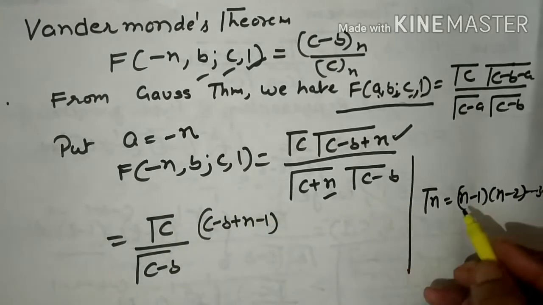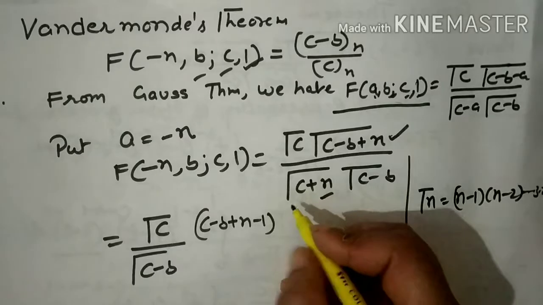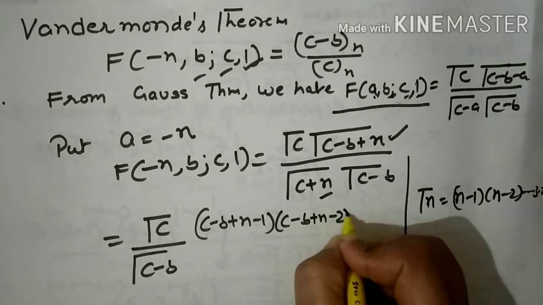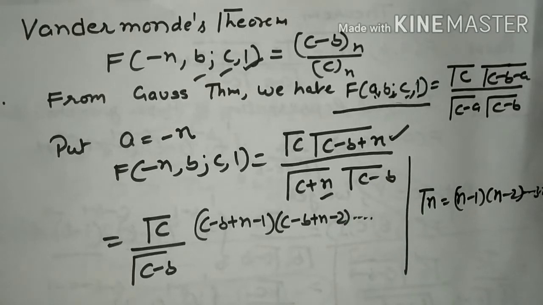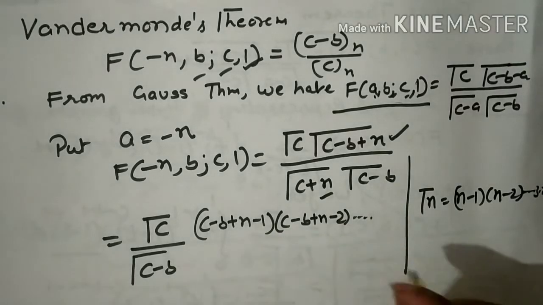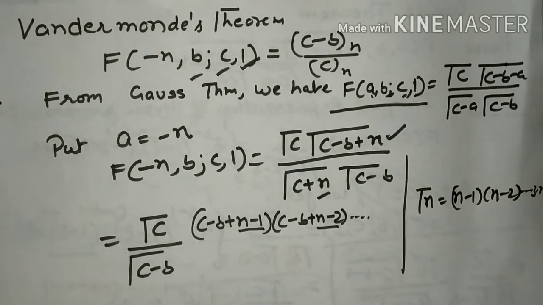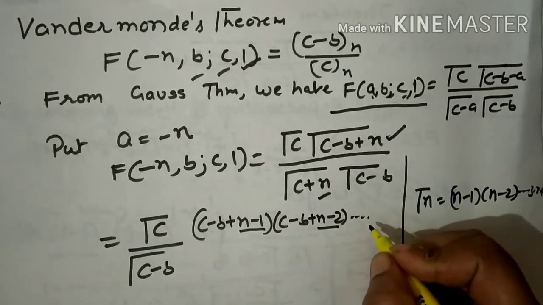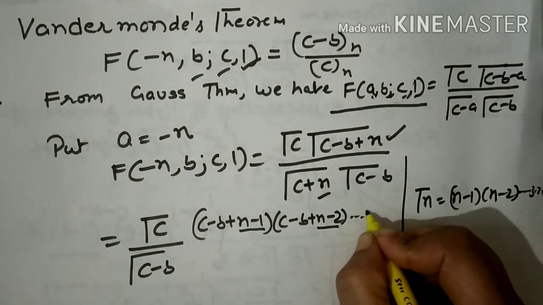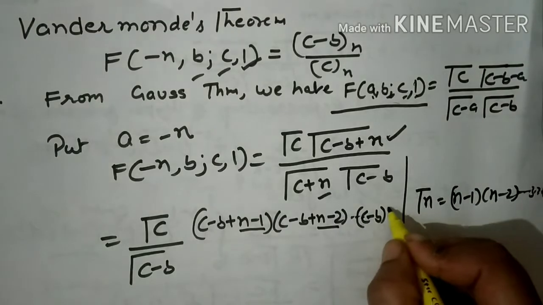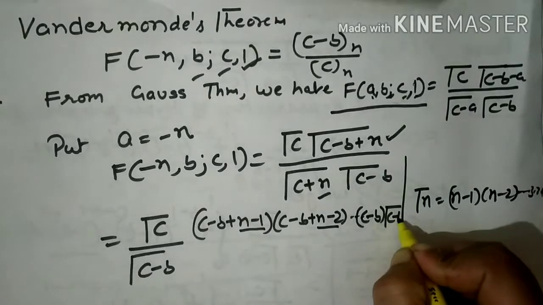We will start from one less than this number, into c minus b plus n minus 2, and so on. So we go on decreasing, n minus 1, n minus 2. At some place it will become n minus n, which will become 0. So we will have this term down to c minus b, and the rest of the terms can be written as gamma of c minus b.